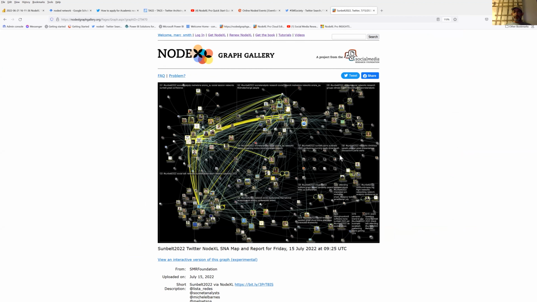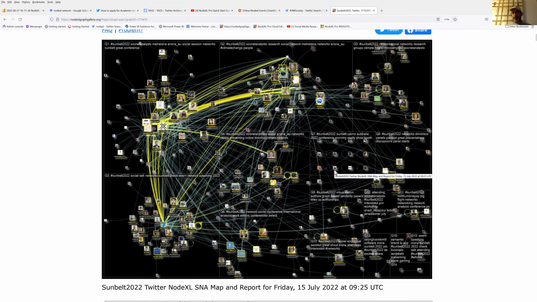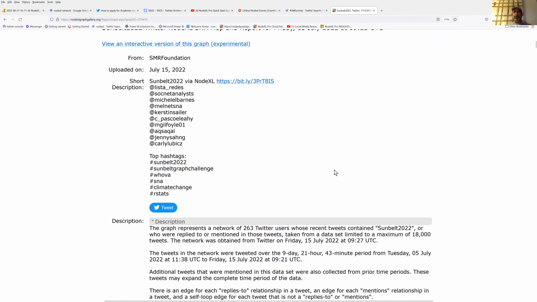Sunbelt 2022 is taking place, I believe, in Sydney, Australia. Similar kind of conference, lots of interest in networks. Again, this is the network of the network people. And it allows us to quickly gain some insights into who are the key people, what are the clusters or groups, and what are the different collections of content that people are talking about.